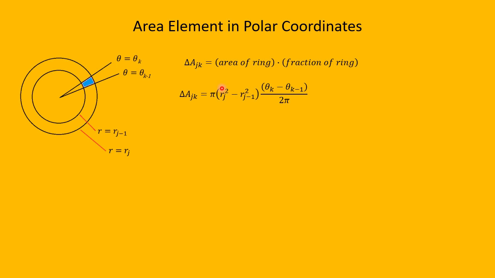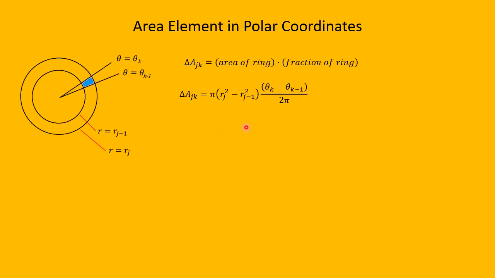So the area of the ring is pi times r sub j squared minus r sub j minus 1 squared, just taking the area inside this larger circle minus the area inside this smaller circle.